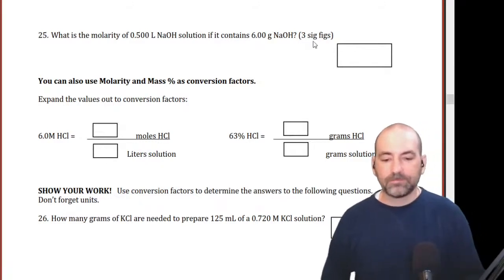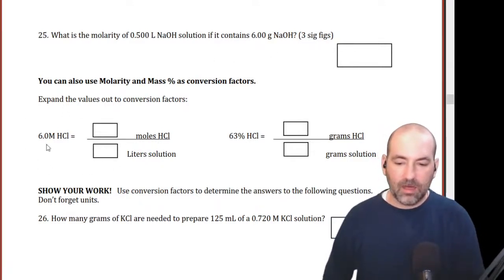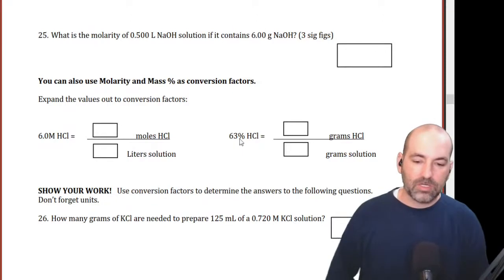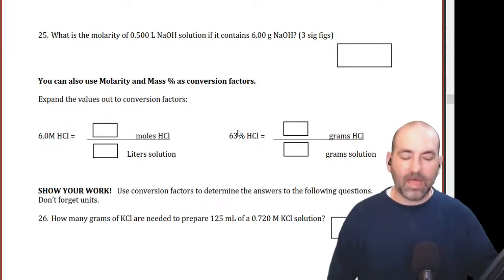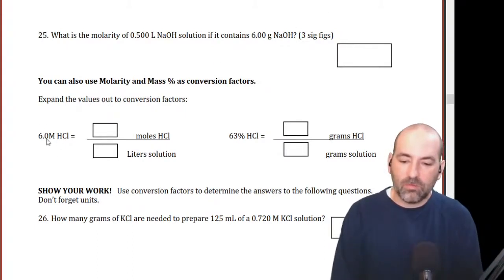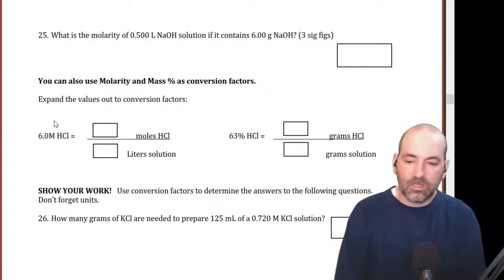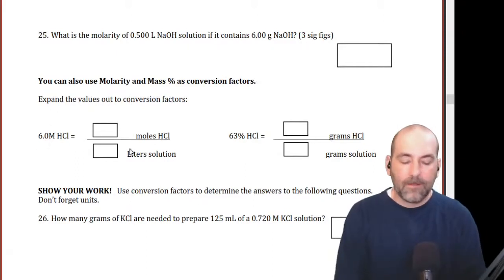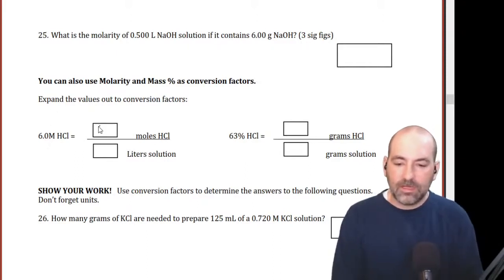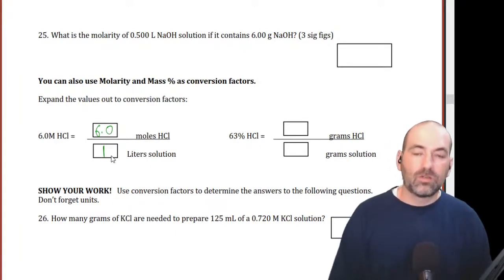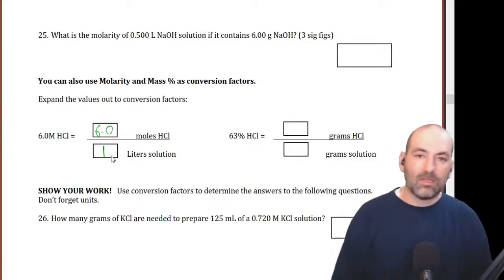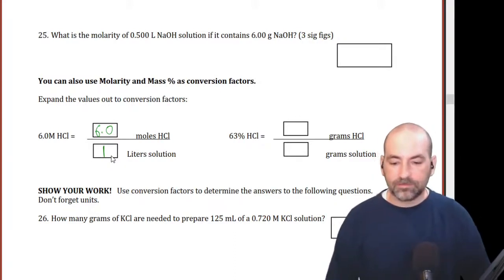Remember, these concentration measures are like an amount per volume. When we say 6.0 molar HCl, that means 6 moles of HCl for every 1 liter of solution. So this gives us a way to convert between moles and liters when we need to.